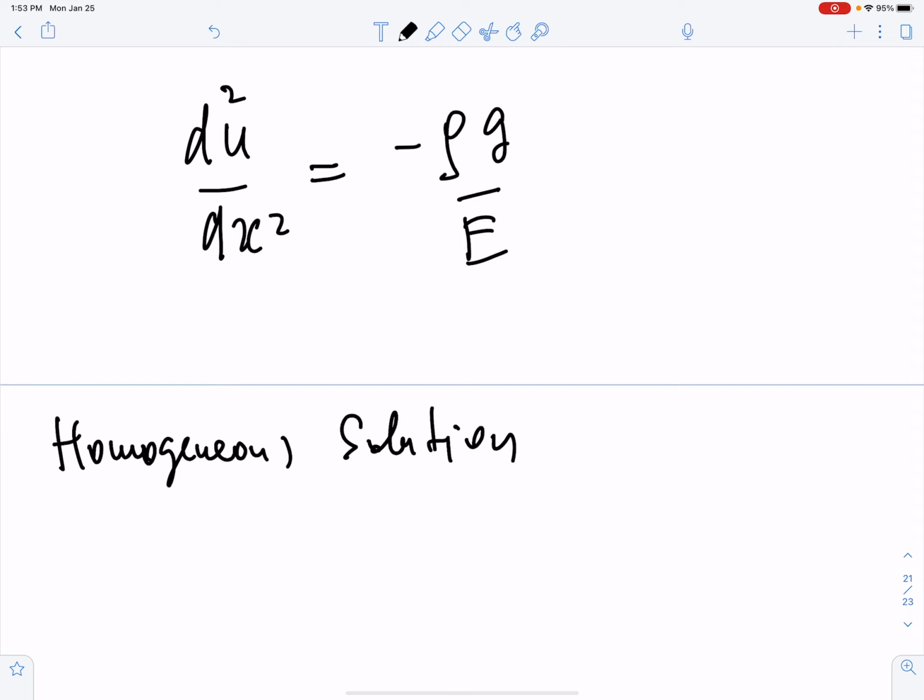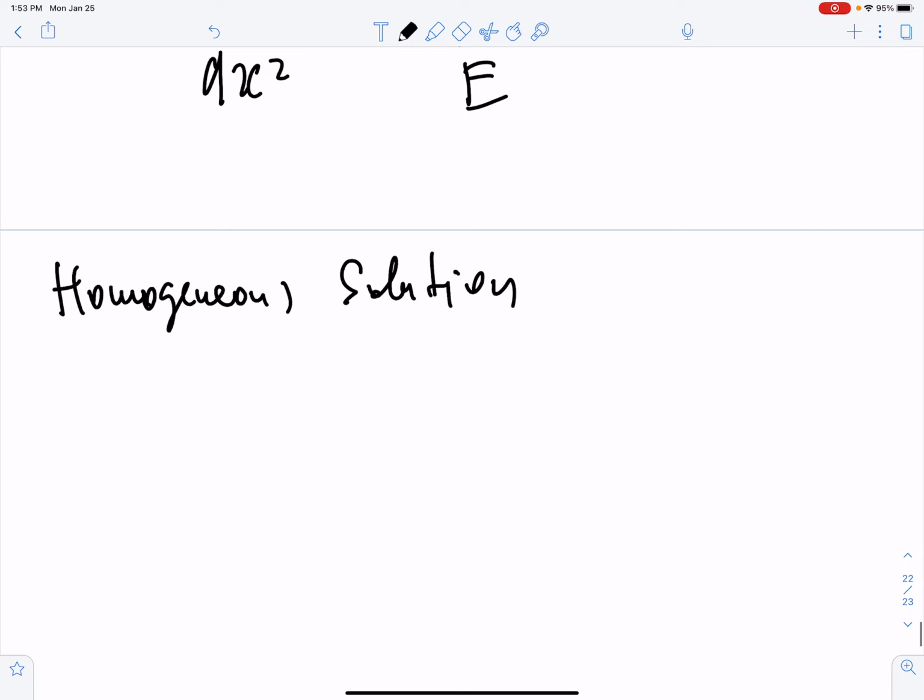So next, the homogeneous solution. This guy looks interesting. You're interested in solving d squared u dx squared equals 0. Of course, if u equals 0, that works. But u equals 1 works, and u equals 2 works, and u equals 15 million works, okay? So there's a general expression.